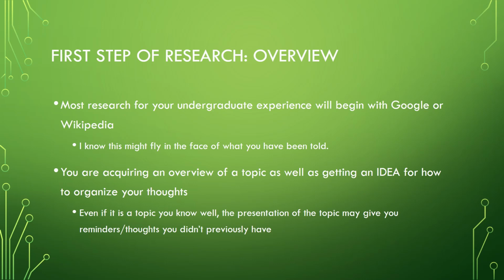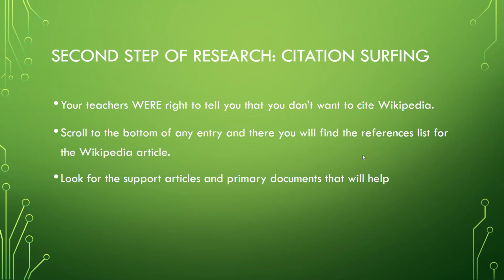Wikipedia is not a source to cite, but just like you see in the video for building out the skeletal outline, when you scroll to the bottom of Wikipedia, there's usually a whole bunch of really good references. So click on those, follow those references, and use those for citations, right? All you're doing when you're looking at Wikipedia is just getting a lay of the land and an idea of how you might organize your thoughts.